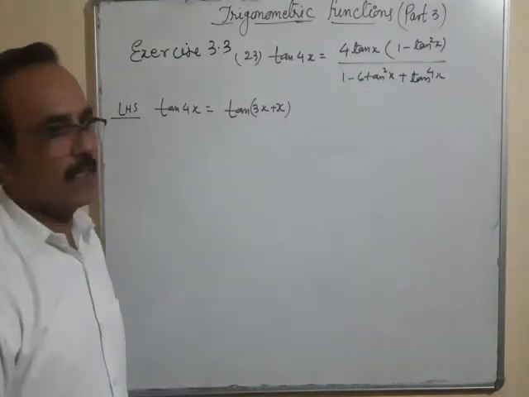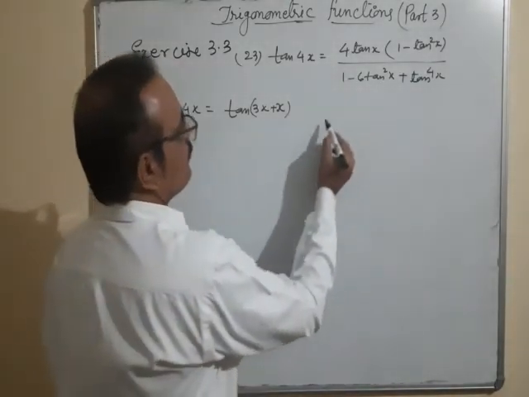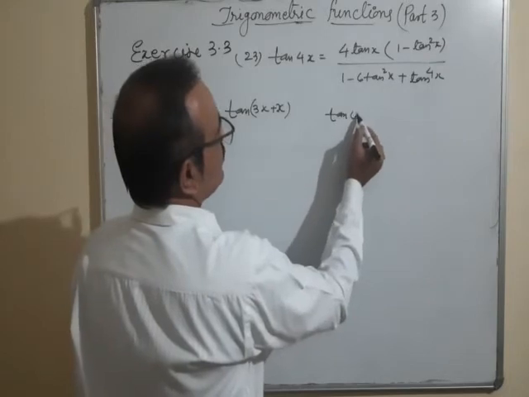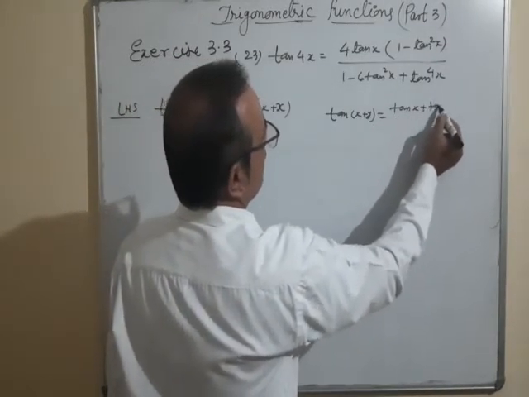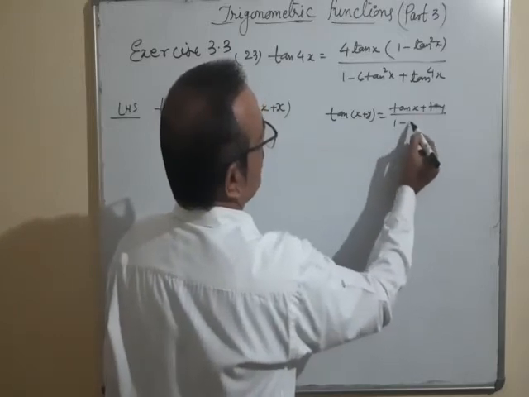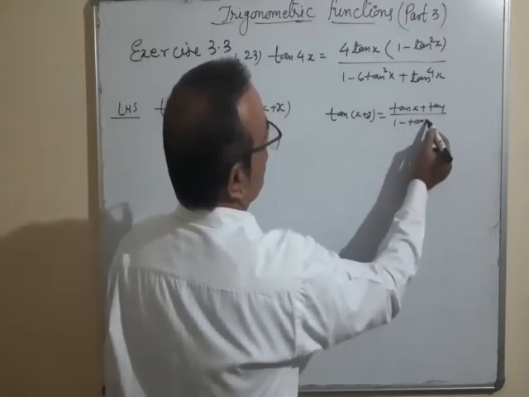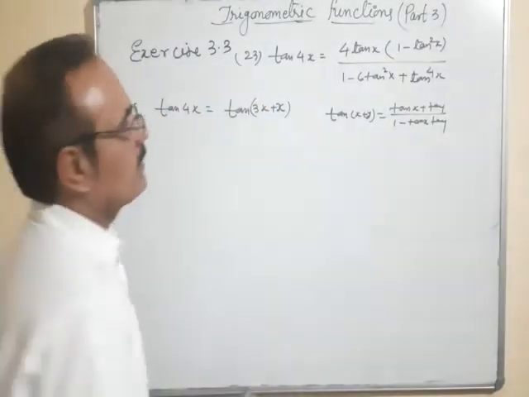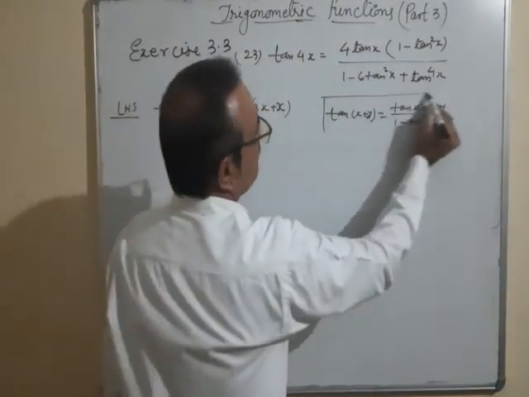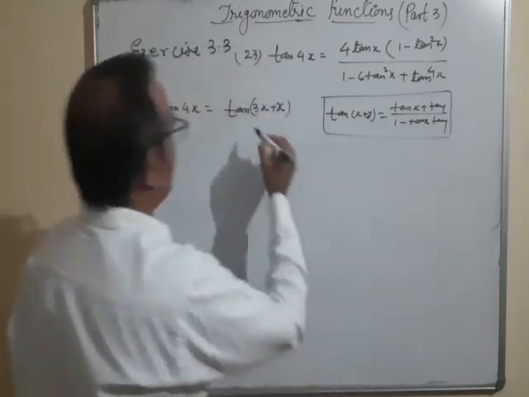And what is tan (3x plus x)? One formula, tan (x plus y), you are aware of that, is tan x plus tan y upon 1 minus tan x tan y. We can use this formula directly.